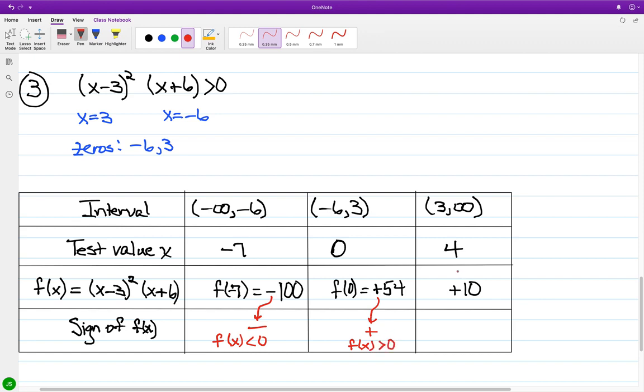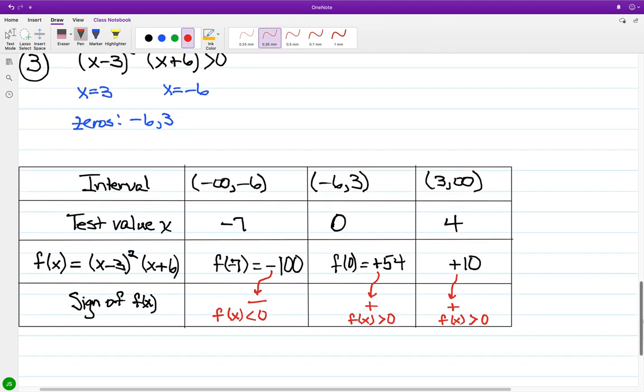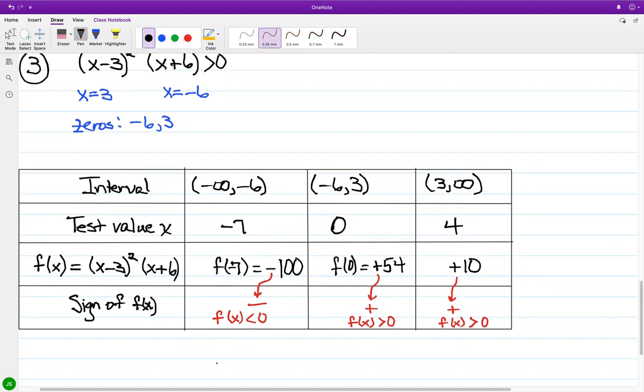And anything we plug in greater than 3, the output is also positive, so f of x is greater than 0.